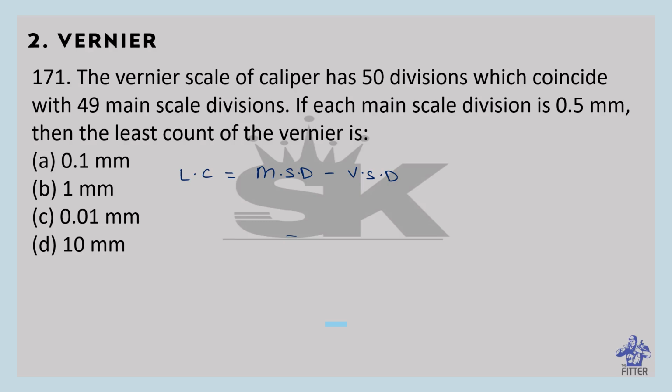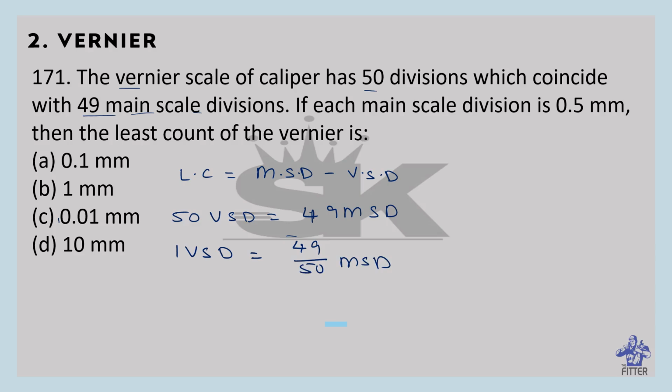Here he has given that 50 vernier scale divisions equals 49 main scale divisions. So 50 VSD equals 49 MSD. So 1 VSD equals how much? 49 by 50 MSD, right?